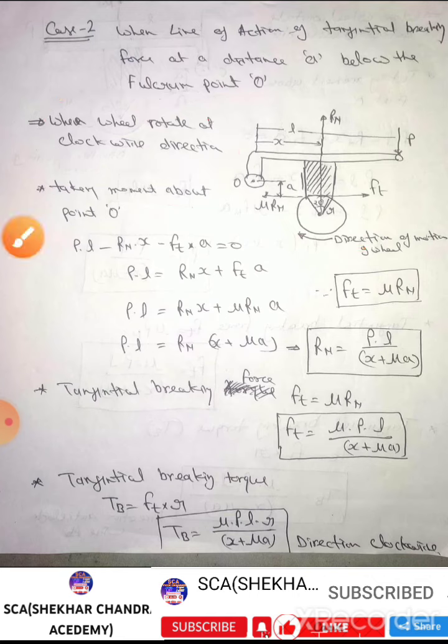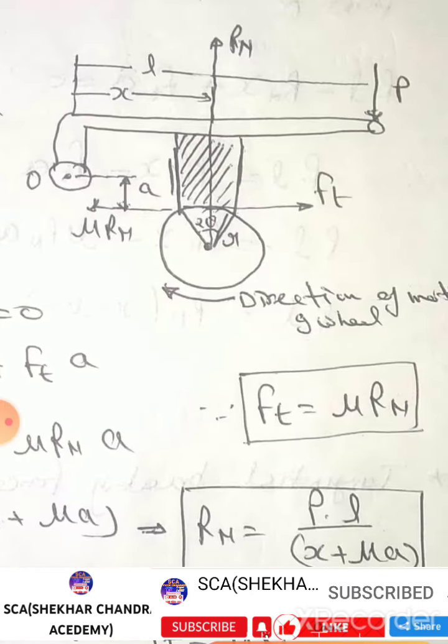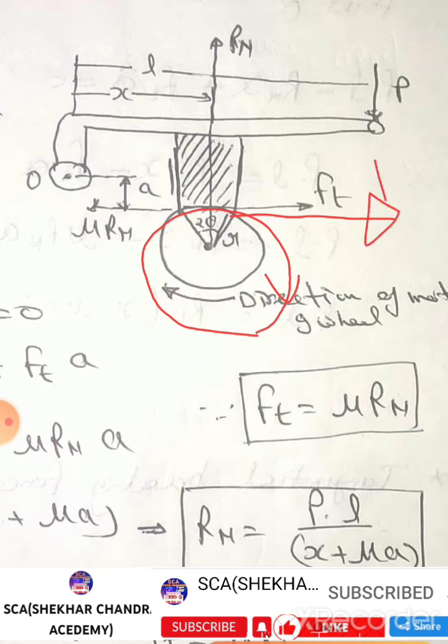So let's see in the figure. Wheel rotates in clockwise direction. So Ft is towards the right side, that we also discussed.